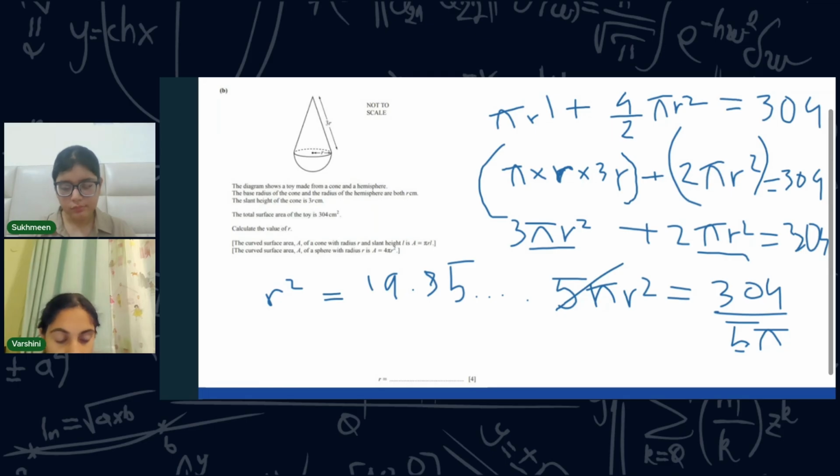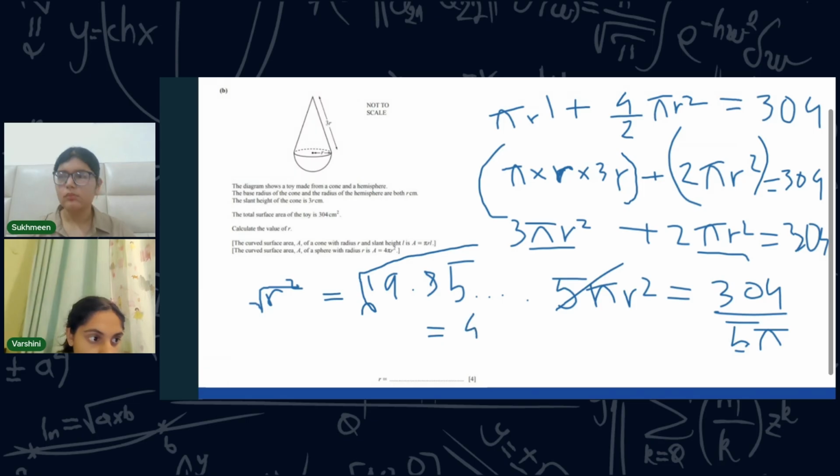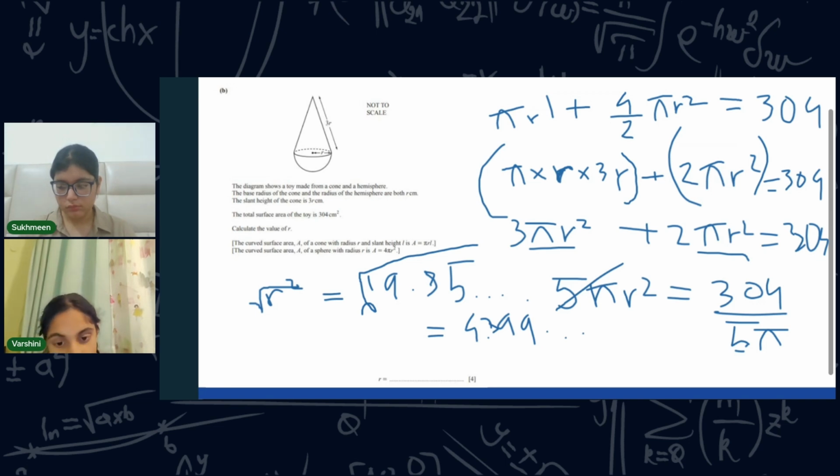So we want r and not r squared, so we're going to square root both sides to get r. Just take the square root of this number that you've gotten in your calculator, and you should get 4.399 something. Remember, 3 significant figures. So to round this off, it's going to become 4.40.